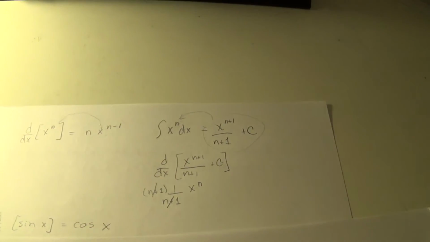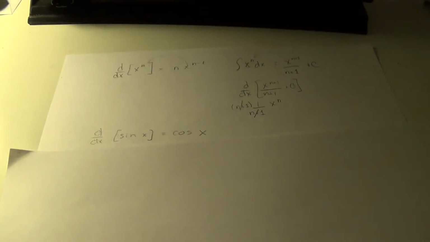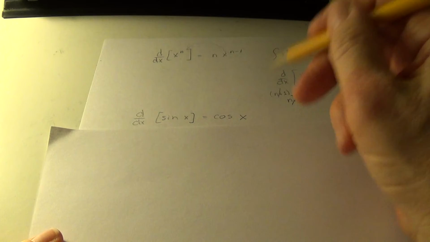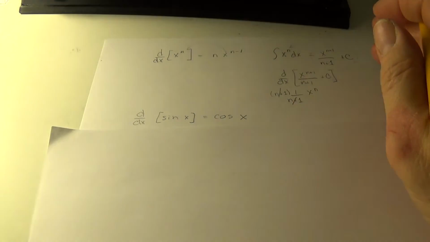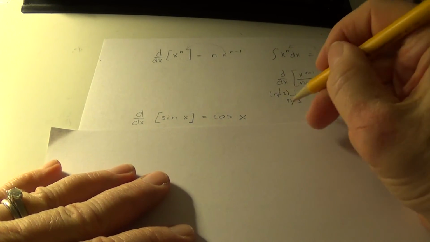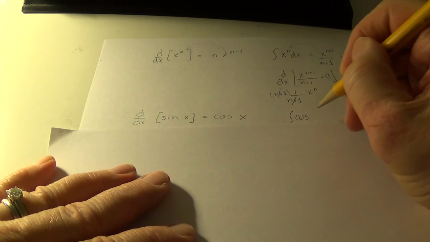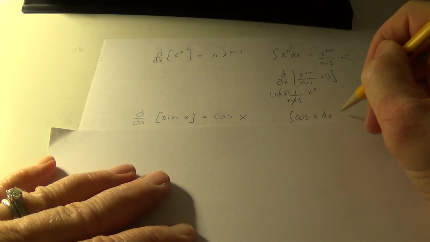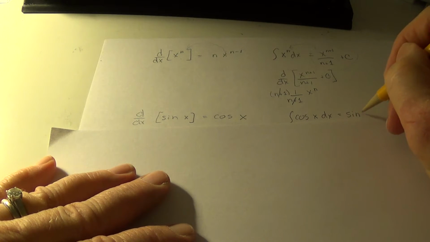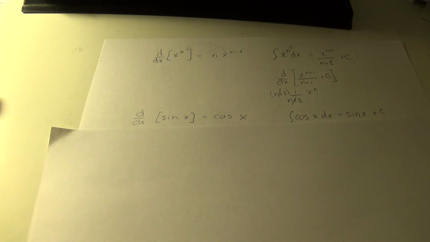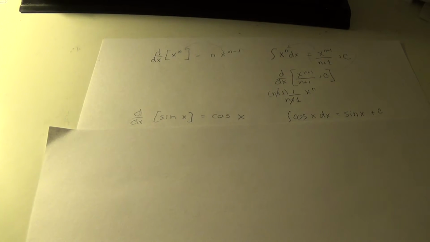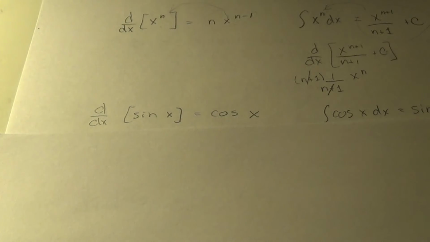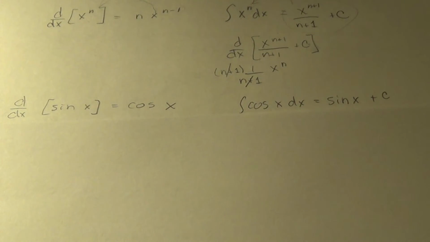All right. Let's go on and just add a couple more and call it a night. The derivative of sine is cosine, so I can reverse that thinking with my integral. The integral of cosine is going to be sine. Let me zoom in a little bit, it's looking kind of small.